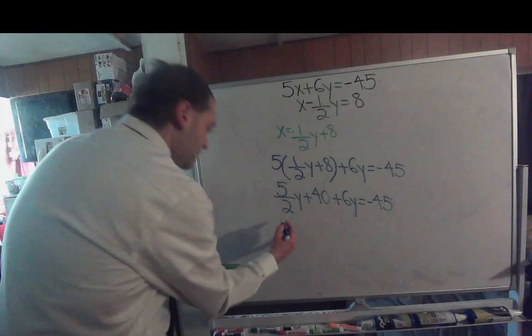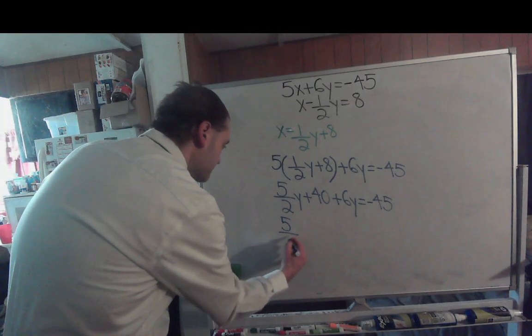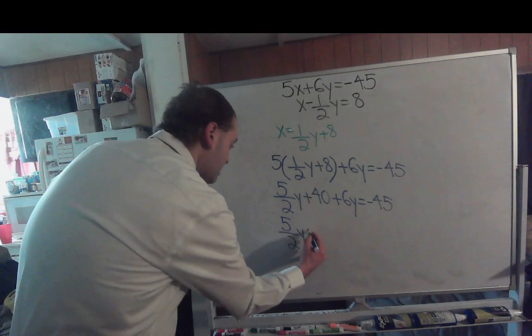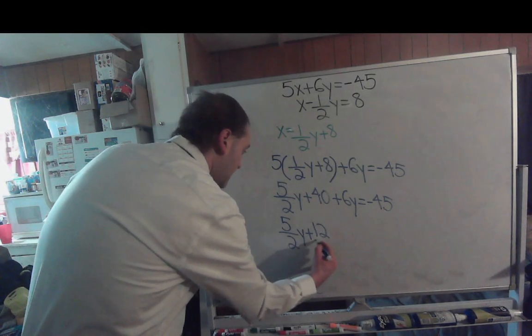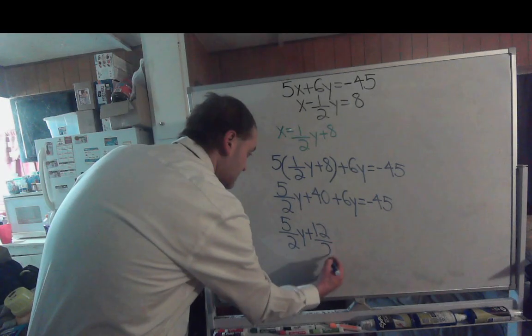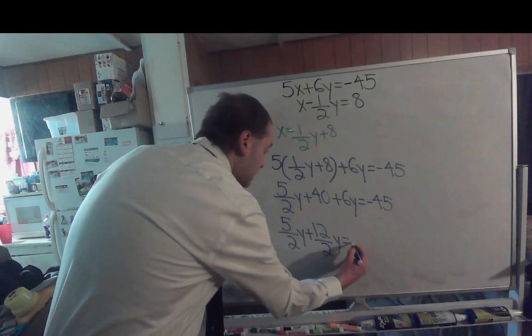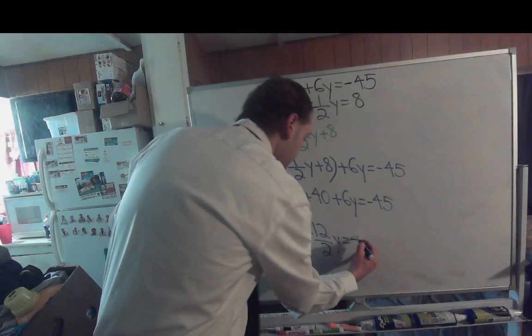So let's see, you would end up getting 5/2 y plus 12/2 y, because that's 6, would equal negative 85.